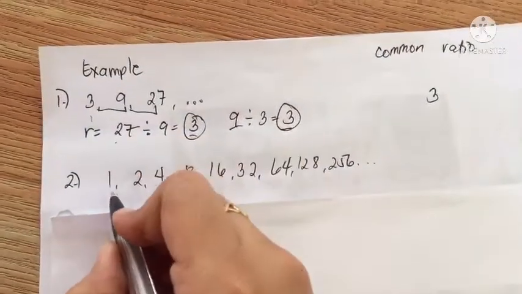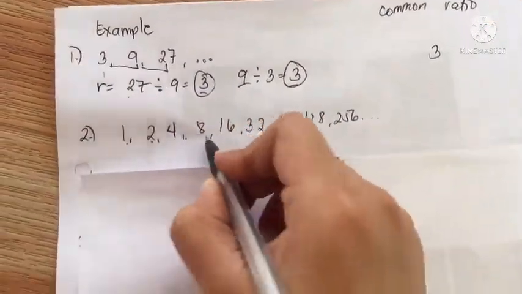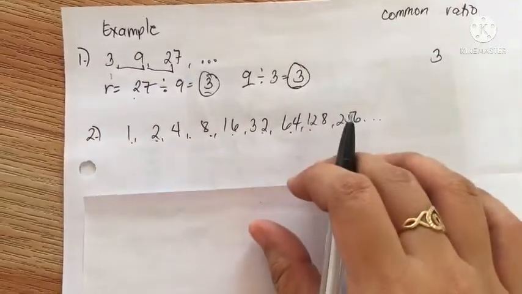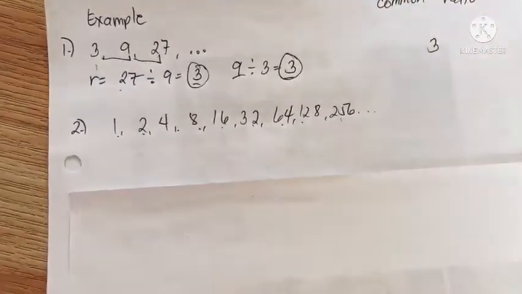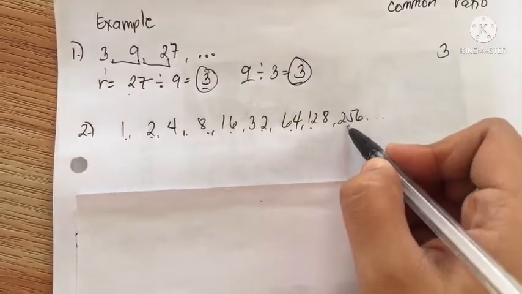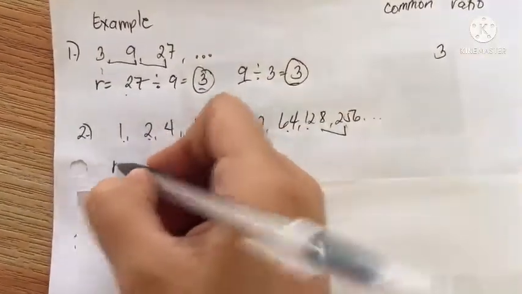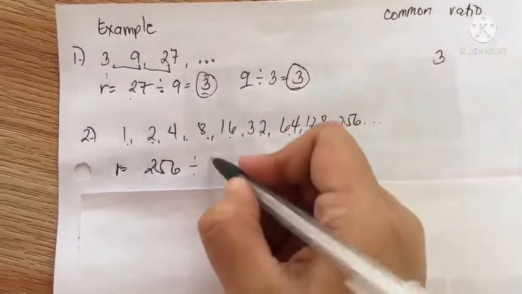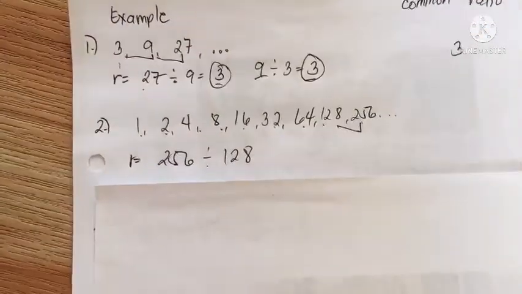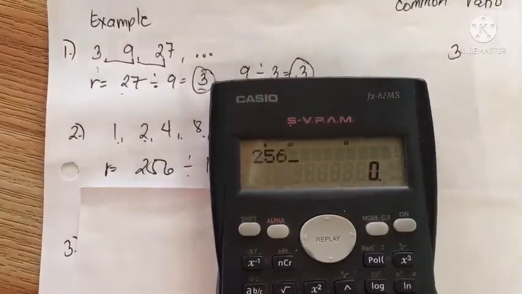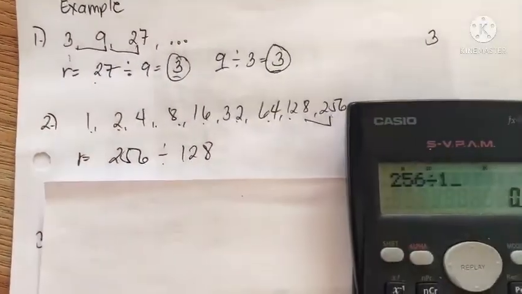Susunod. Meron tayong 1, 2, 4, 8, 16, 32, 64, 128, and 256. So, to get the common ratio, again, pabaligtad tayo mag-divide. Okay? So, 256 divided by 128. So, ano sagot natin? Pwede kayong gumamit ng calculator. 256 divided by 128.